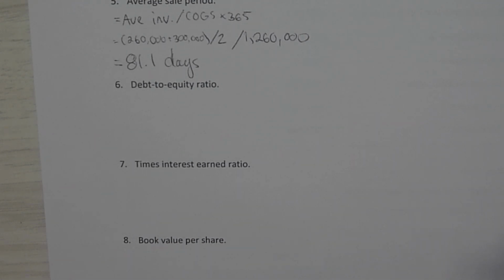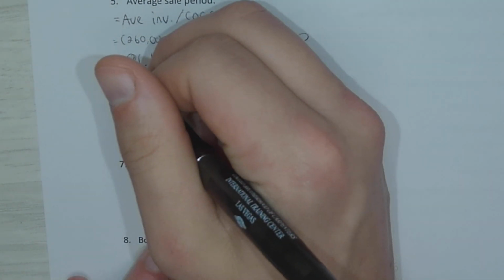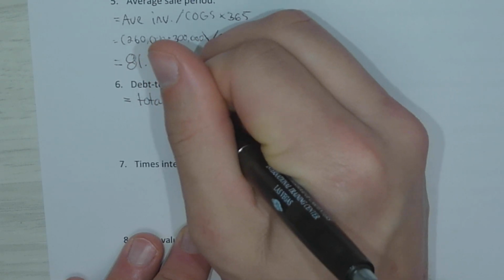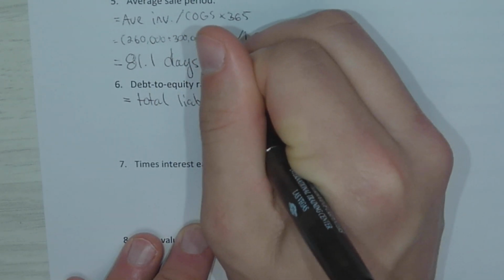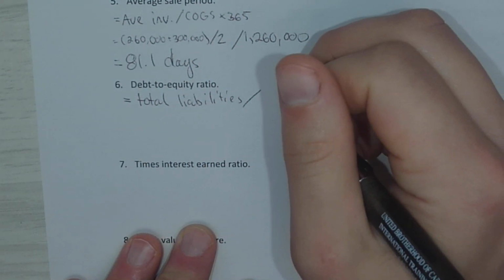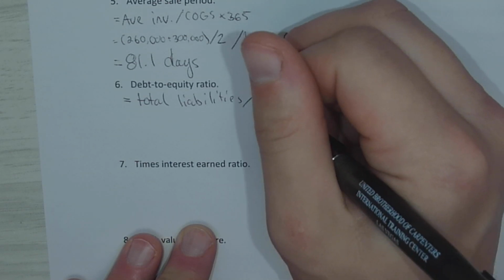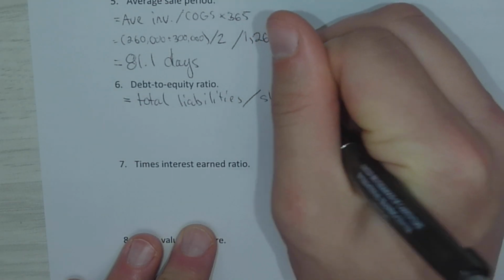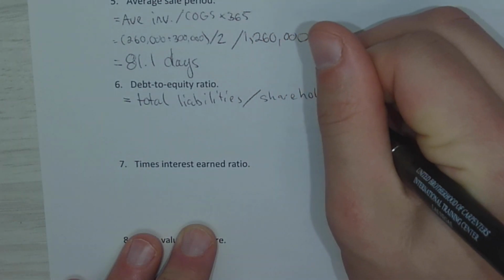Our next is our debt to equity ratio, which is our total liabilities divided by our shareholders' equity in this case, or our total equity.